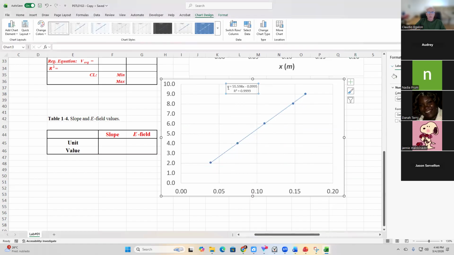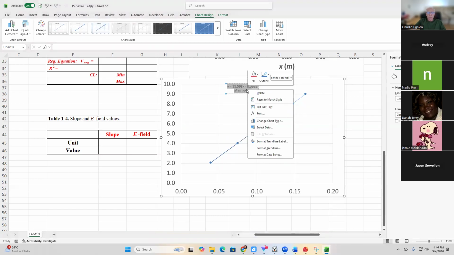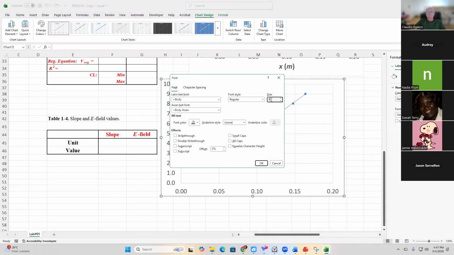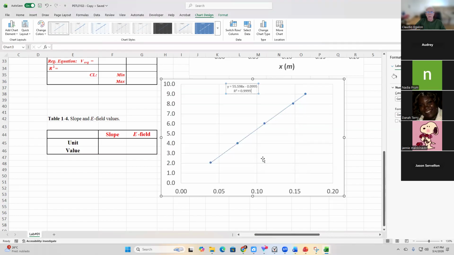And to make this equation easier to read, let's increase the font size of this one too, right? Let's see if I can do that. Yeah, I highlighted here, right click it and Font. I am going to put it 14 in this case. I don't want it larger than the axis.